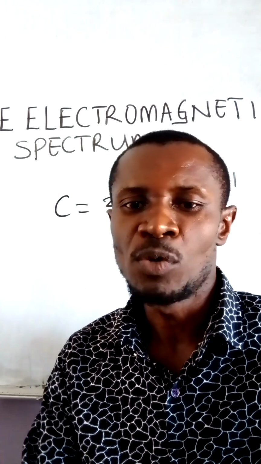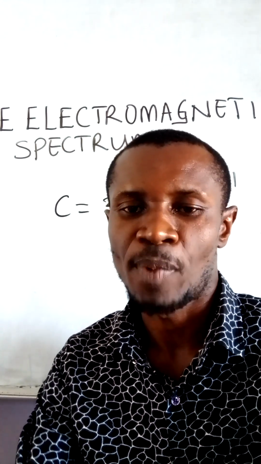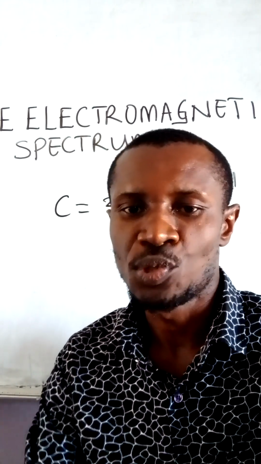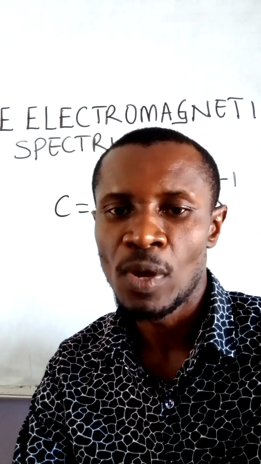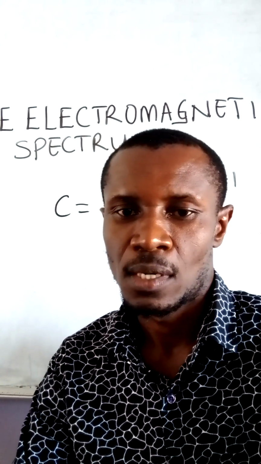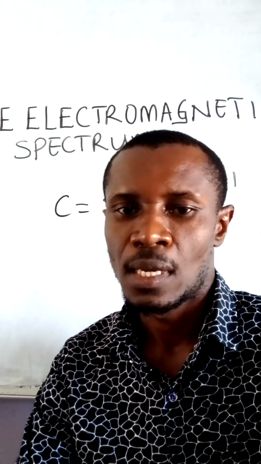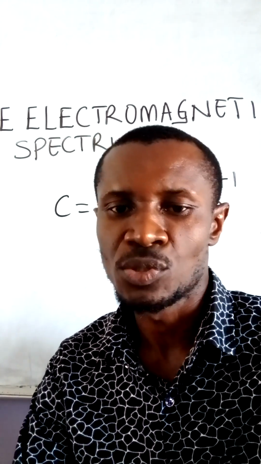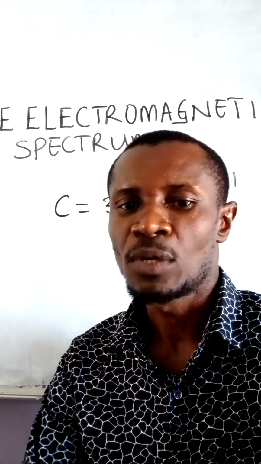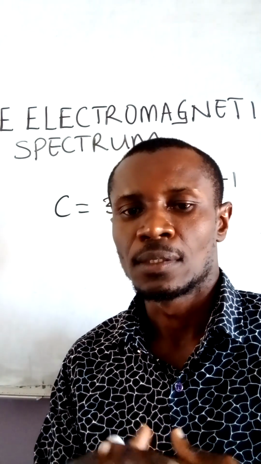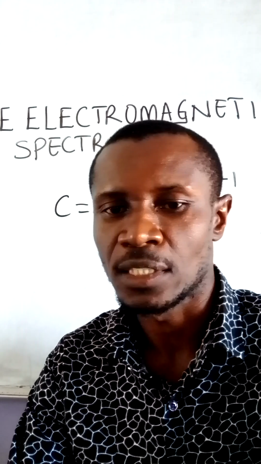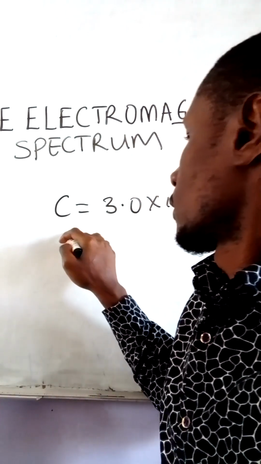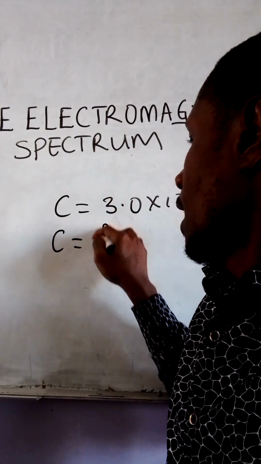Now, every wave has some set of parameters that are used to describe them quantitatively. For instance, every wave has frequency. They also have wavelength, and then they have amplitude. Now, the frequency and the wavelength of electromagnetic waves are connected by this relation, c = fλ.